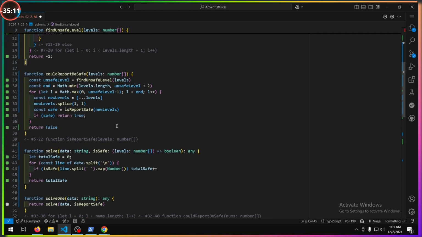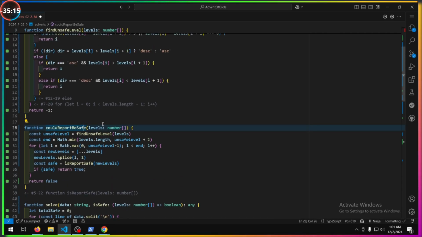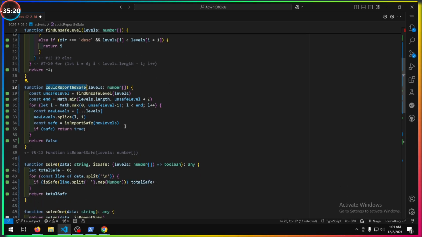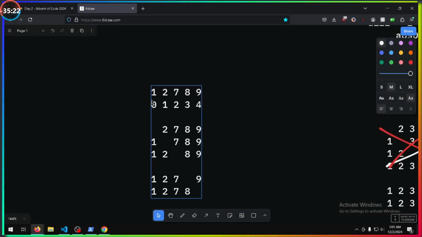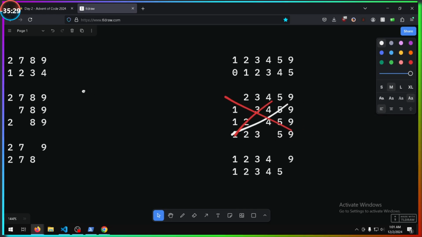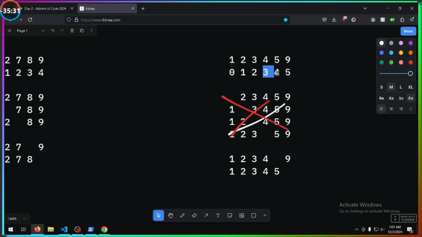So yeah, that last bit that I optimized was the could-report-be-safe function. It used to just be, hey, let's try to remove every level and see if we get to a level of safety. But now it only removes levels around the problematic one. The problematic level in this one is 4. So it doesn't try to remove 0, 1, 2, because those are perfectly safe levels. Don't touch the safe levels.